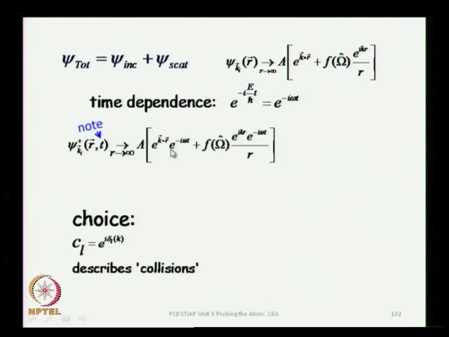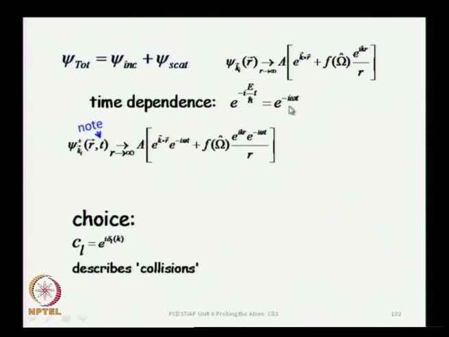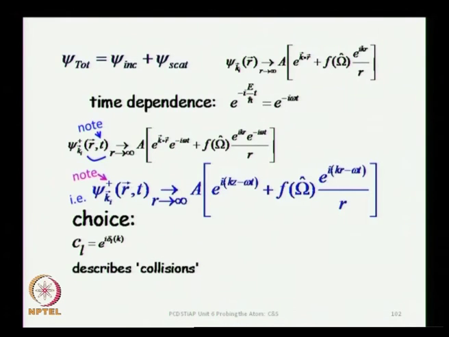Now let us see how it connects with the time dependent process that we are really picturing, because we know that the time dependence is contained in e to the minus i omega t. So you multiply everything by e to the minus i omega t, and you have got a time dependent function. I have written a superscript plus here to denote that these are the outgoing wave boundary conditions corresponding to the collision experiment, okay.